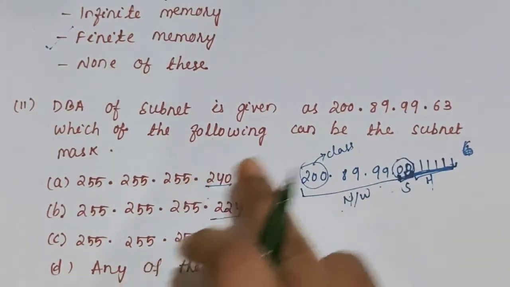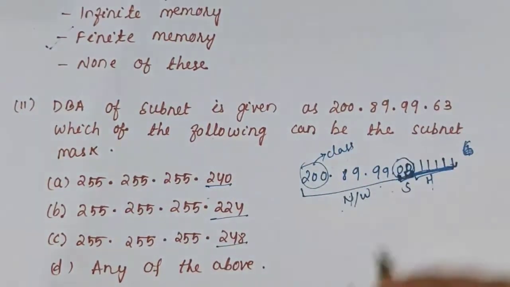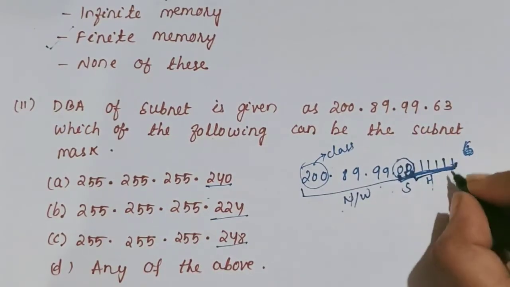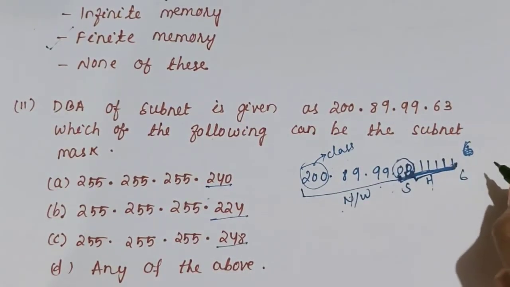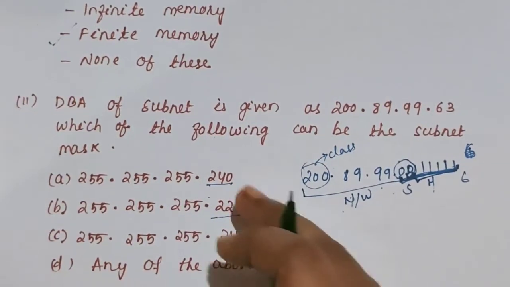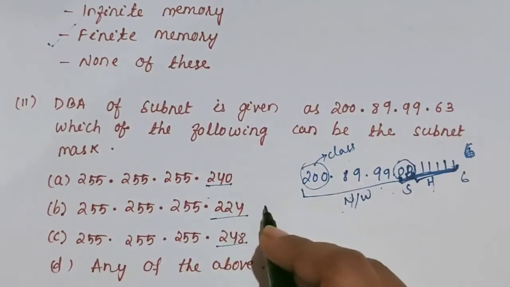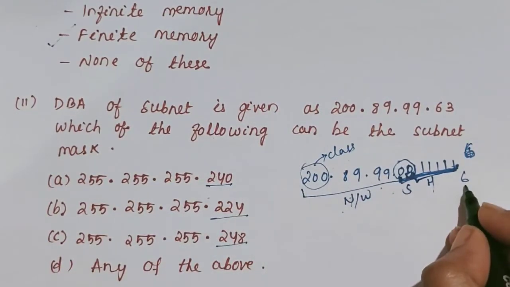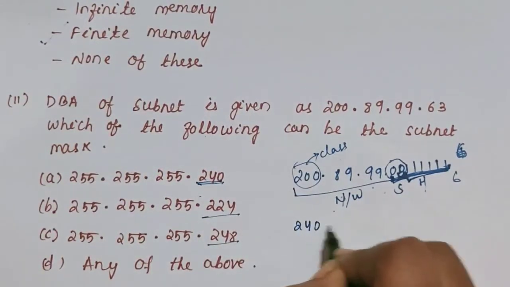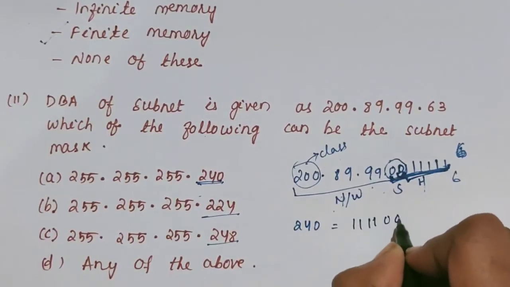They are asking which of the following can be a subnet mask for this DBA. You have to check how many host bits there are. Here 6 host bits are there, and you have to convert all these to binary and check whether the zeros are less than or equal to 6. Let's do one: 240 in binary is 11110000.